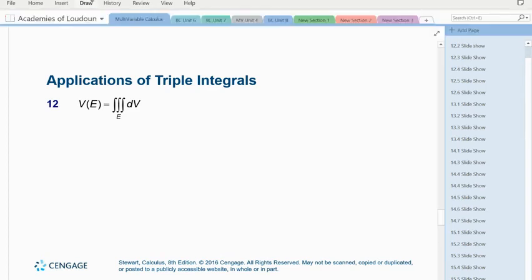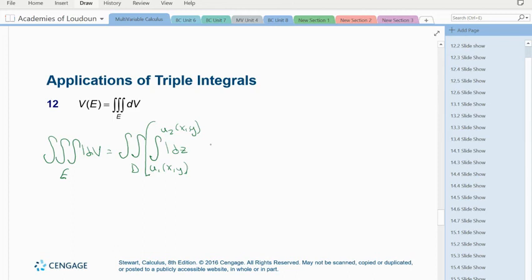And so we would then have the triple integral over region E of 1 dV would be the double integral over the region D of the integral from u sub 1 of x,y to u sub 2 of x,y of 1 dz times dA, which is then going to be the double integral over the region D of u sub 2 of x,y minus u sub 1 of x,y dA.